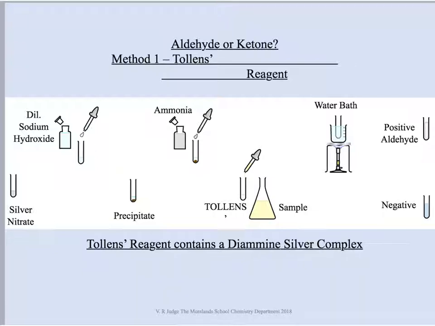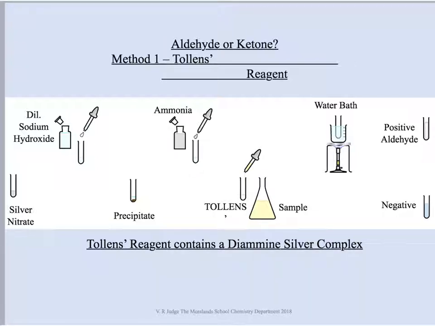Next you take some dilute ammonia, and you add a few drops of ammonia until you can get that brown precipitate to dissolve. Once it's dissolved, you now have a Tollens solution, a Tollens reagent.